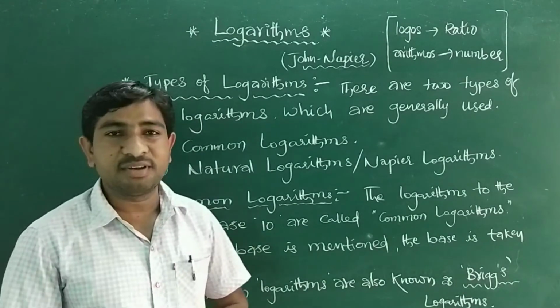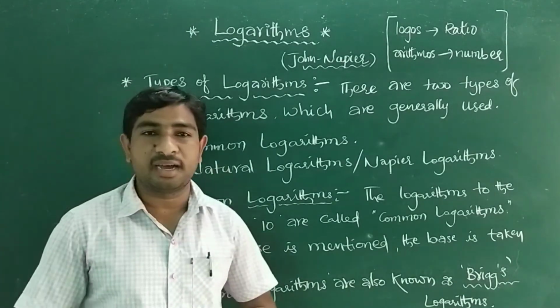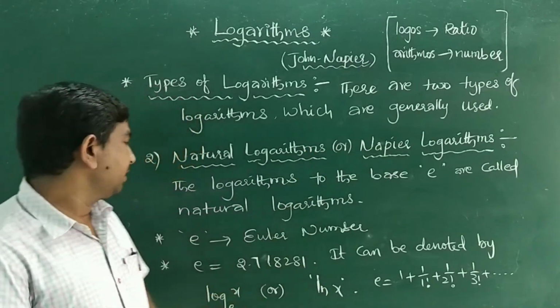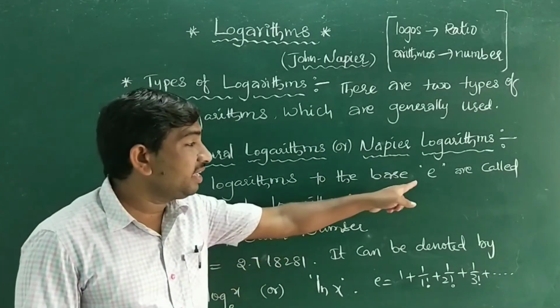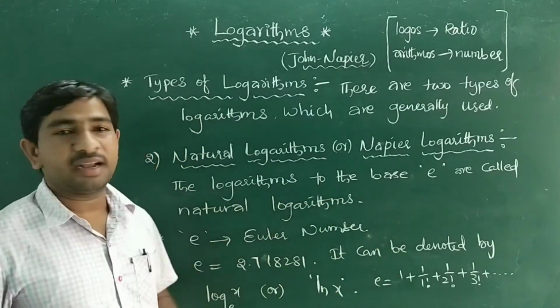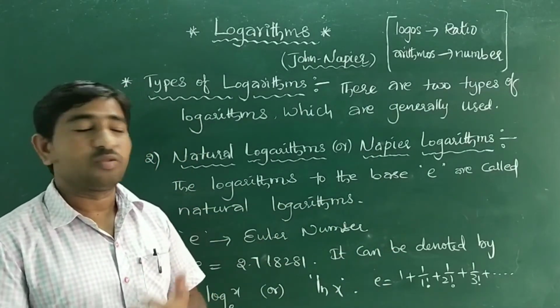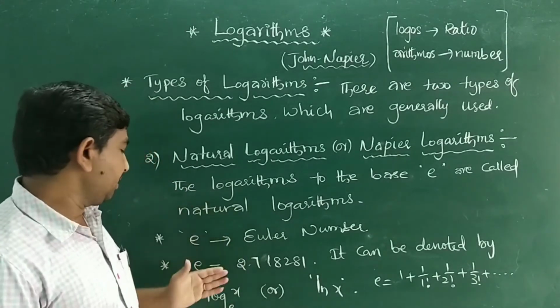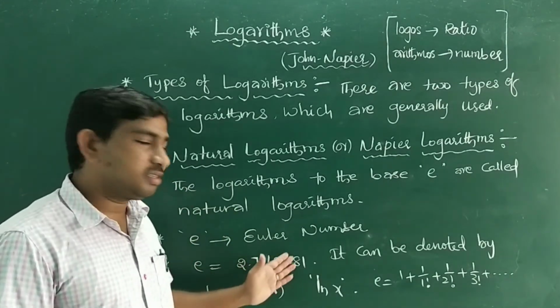Next, natural logarithms, or Napier logarithms. Logarithms to the base e are called natural logarithms or Napier logarithms. What is e here? E is the Euler number, and e is equal to 2.718281.